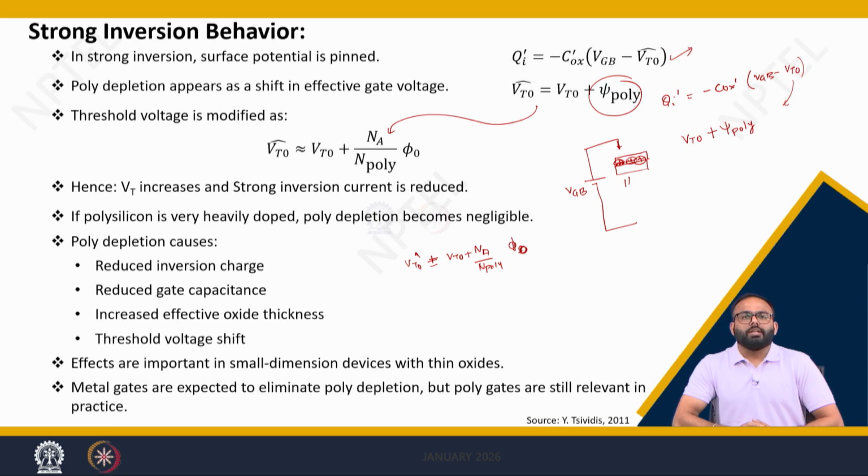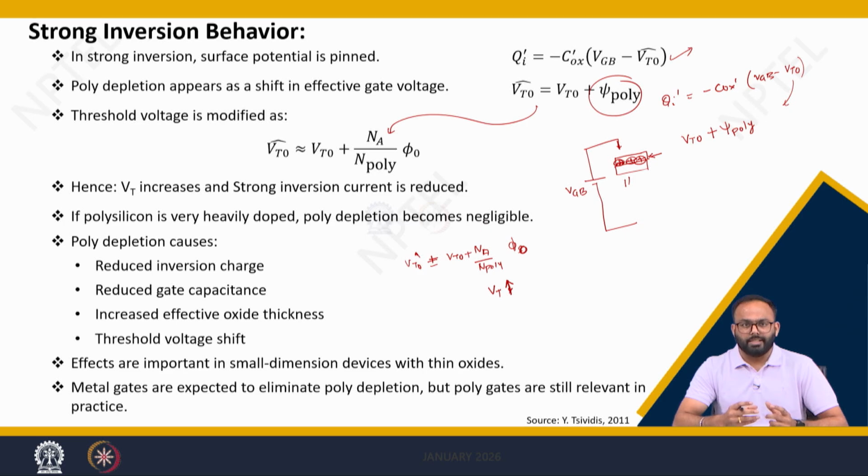What polysilicon does is it reduces the inversion charge, because the threshold voltage increases. If the threshold voltage increases for a given gate voltage, then the inversion charge reduces. It reduces the effective gate capacitance, because the additional capacitance is coming in series. It increases the effective oxide thickness.